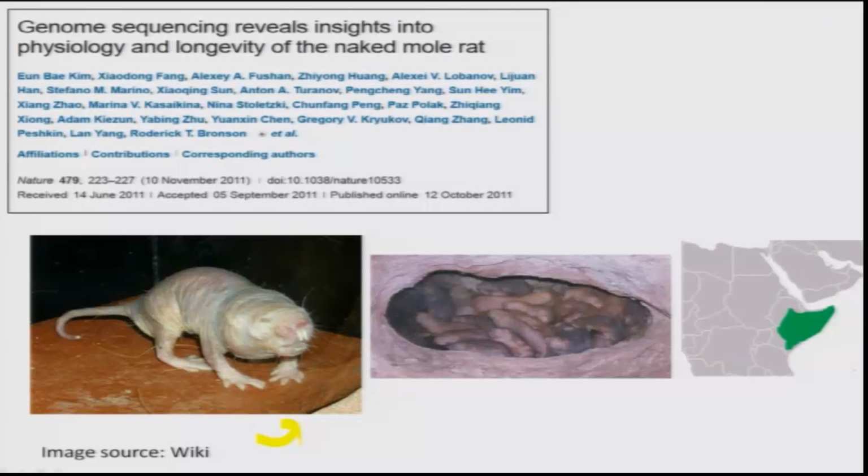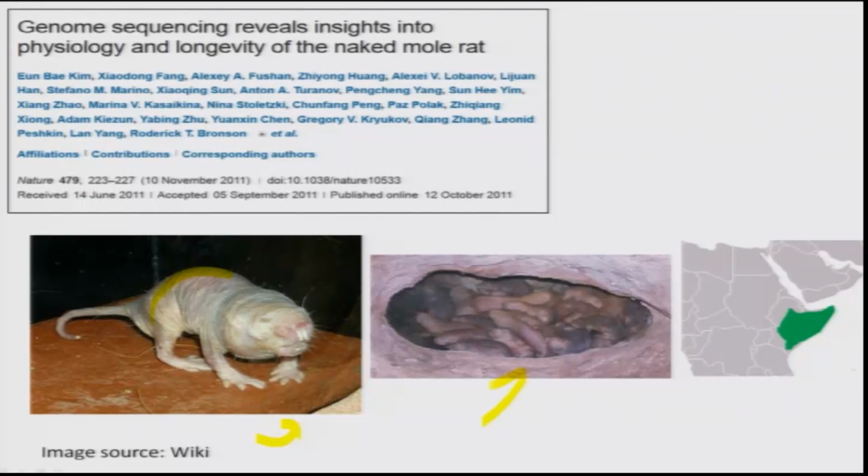This animal shown here is called the naked mole rat, because the skin is open, it doesn't have hair, so it's naked. And it's called a mole rat because they live in burrows, and mostly in dark conditions. They don't have the kind of eyes that we have. They can sense light, but they cannot really see beautifully. But they are amazing animals.